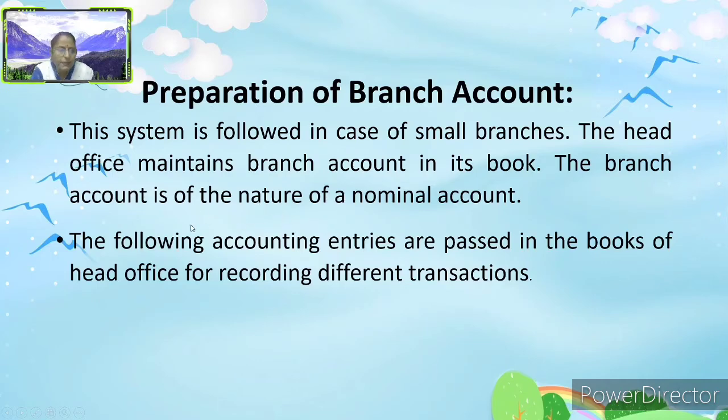Already we know that nominal accounts contain the expenses and the incomes. The following accounting entries are passed in the books of the head office for recording the different transactions. Now let us see what the various journal entries are. Our branch account wholly depends on these journal entries. If you understand these journal entries, we can prepare the branch account very easily.